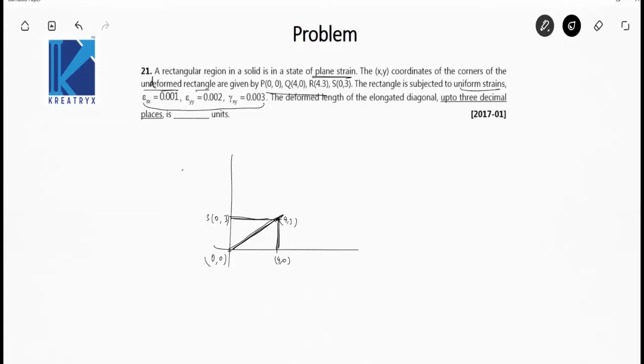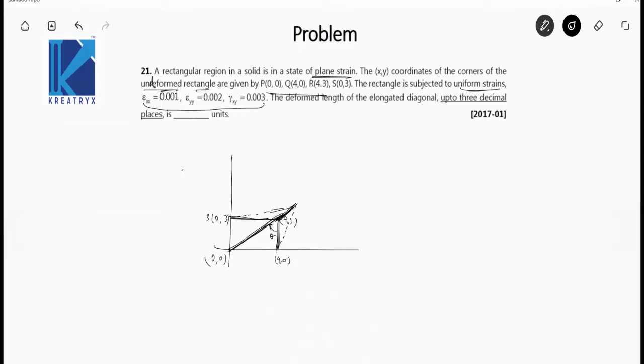So when the rectangle is subjected to uniform strains, its shape will be somewhat like this, and this will be the diagonal. Now let this be angle theta.